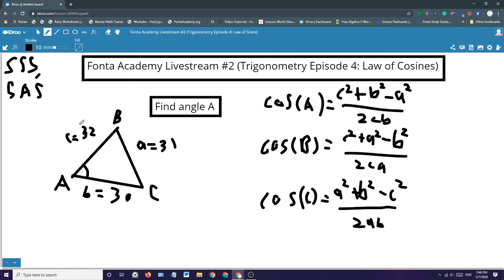So first let's try to find angle A, and then angle B, and then angle C. So we are given the sides a 31, b 30, and c 32.